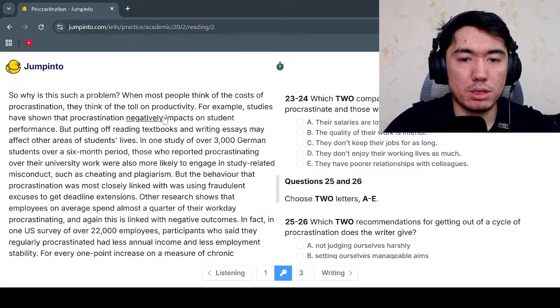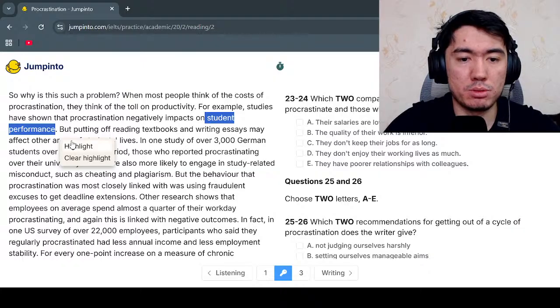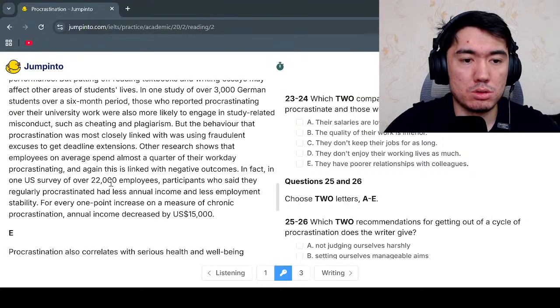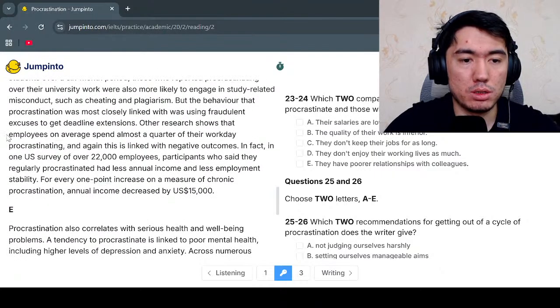Productivity. Okay. Studies impact student performance. This is student performance, but I need employee performance. Students. Okay, there you go.